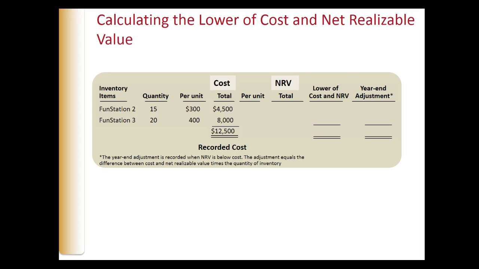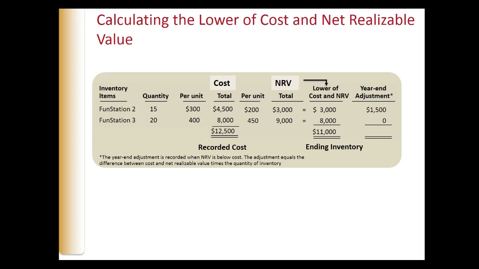Mario reports the Fun Station 2 in ending inventory at net realizable value of $200 a unit because that's lower than its original cost of $300 a unit. The 15 Fun Station 2s were originally reported in inventory at their cost of $4,500, which would be 15 at $300.